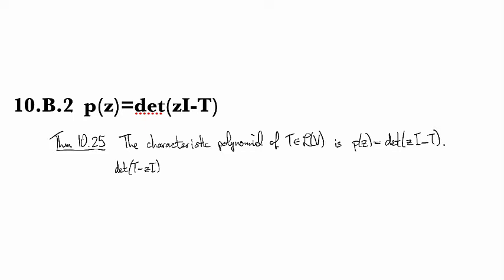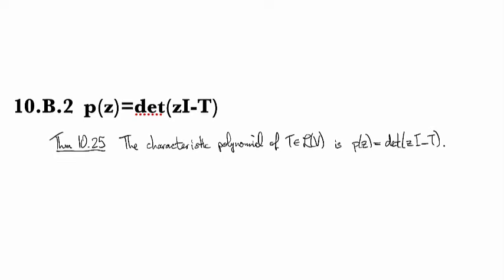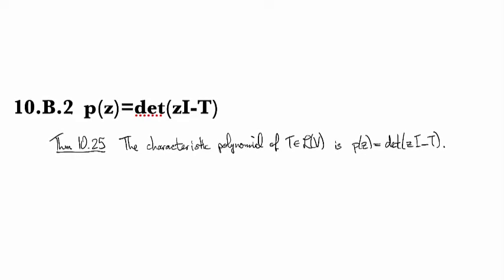And they'll also talk about finding eigenvalues by doing lambda I minus t instead of t minus lambda I. There's advantages and disadvantages to both. It doesn't really matter as long as you're consistent. So this is one case, however, where it becomes a lot easier because of that annoying -1 to the n, just to deal with zI minus t.